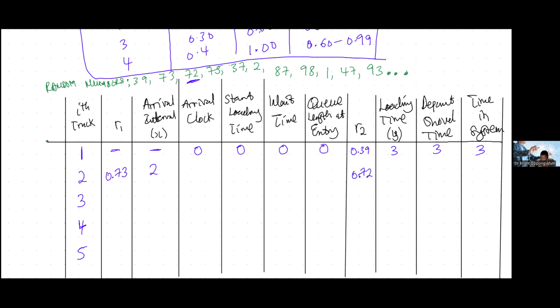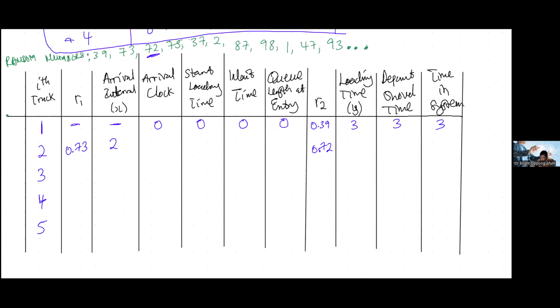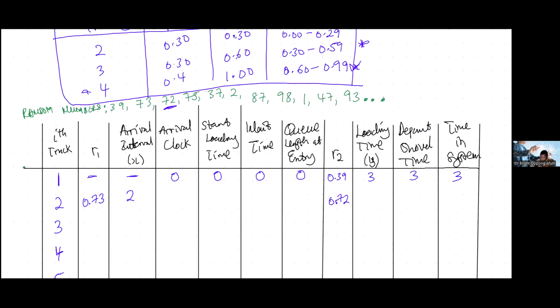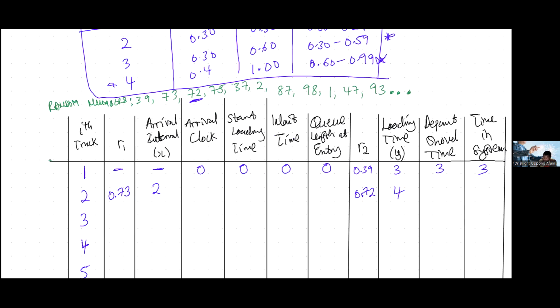So 0.72, the loading time is corresponding to 4. So I'll put my 4 here. I won't continue. I want to populate all this before I calculate, because these are just mathematics, right?